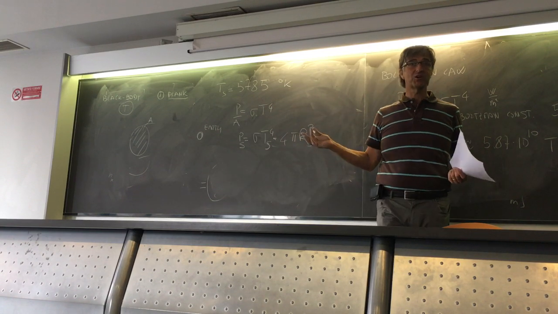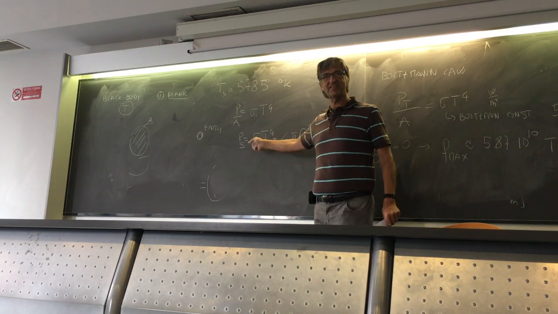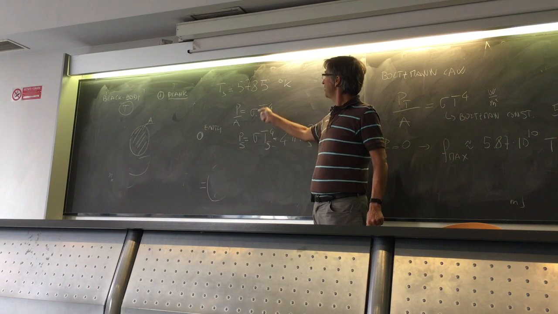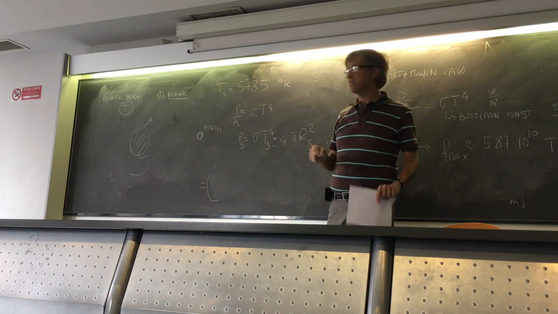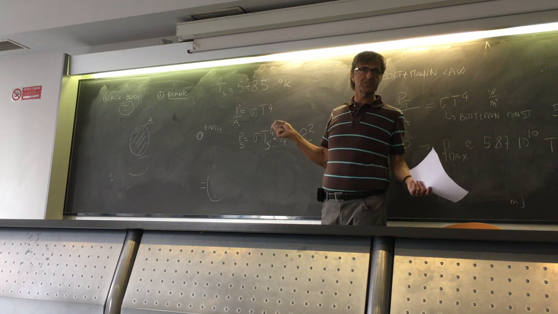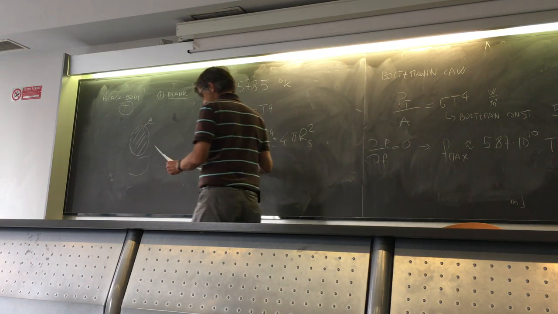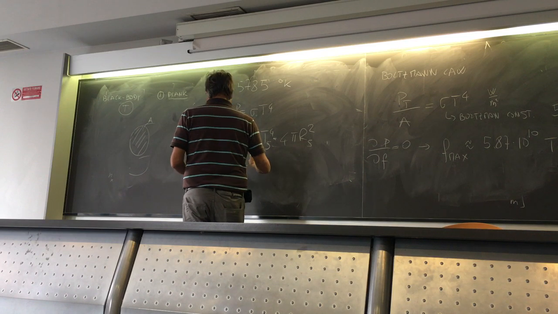Then all these numbers are known. This is the Boltzmann constant, the temperature of the sun was measured by looking at the maximum and using Wien's law, and then the radius of the sun that you know. And this comes to be a huge power.